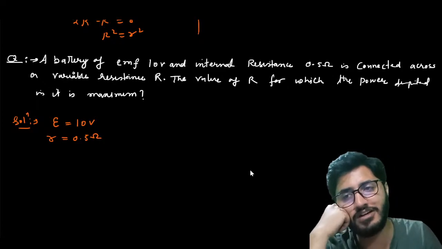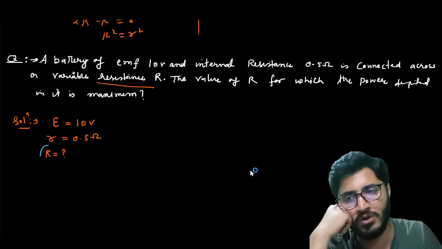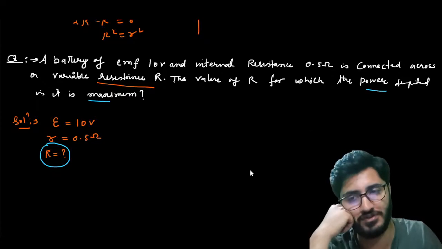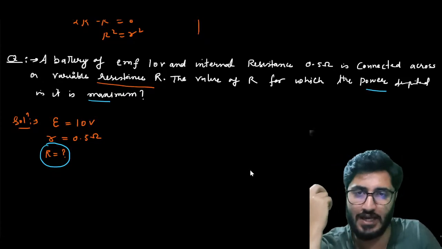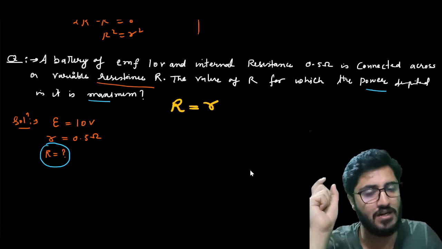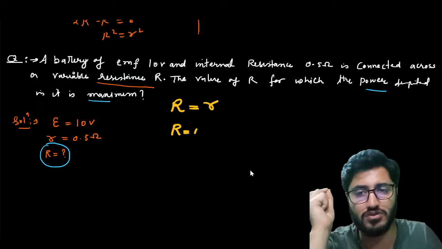It is connected with a variable resistance R. What should be the value of this R for maximum power dissipation? Sir, I guess the maximum power theorem states that when capital R is equal to small r, at that particular instant we will get maximum power dissipation. So yes, R should be equal to 0.5 ohm only.